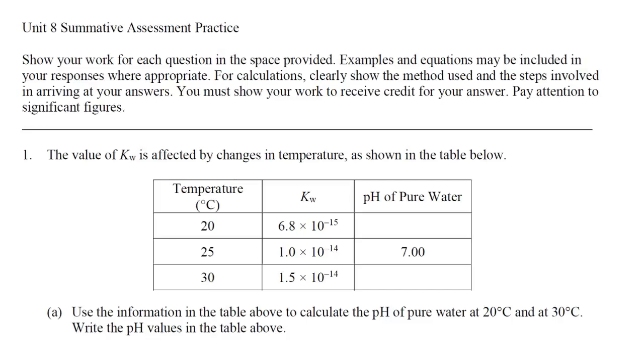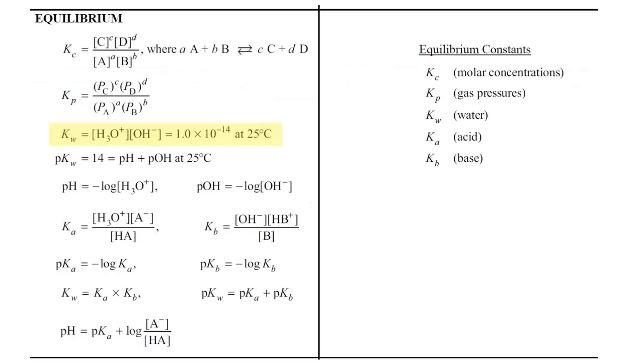Now, if we begin by taking a look at the section of the AP Chemistry equations and constant sheet that deals with Kw, we can see that the definition of Kw is it's equal to the concentration of the hydronium ion, H3O+, times the concentration of the hydroxide ion, OH-, and that at a temperature of 25 degrees Celsius, the value of Kw is 1.0 times 10 to the negative 14.